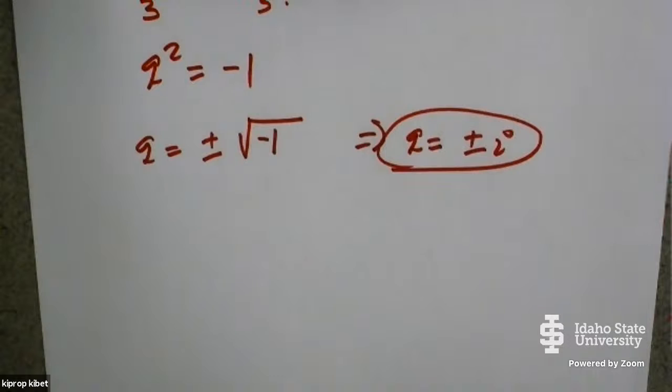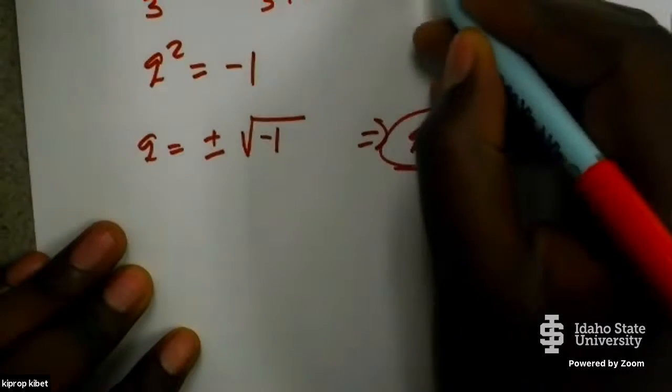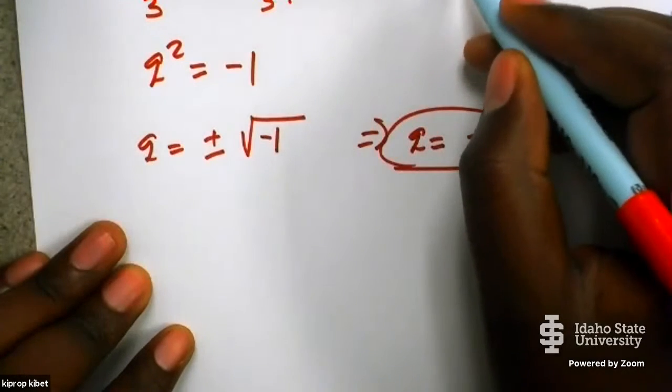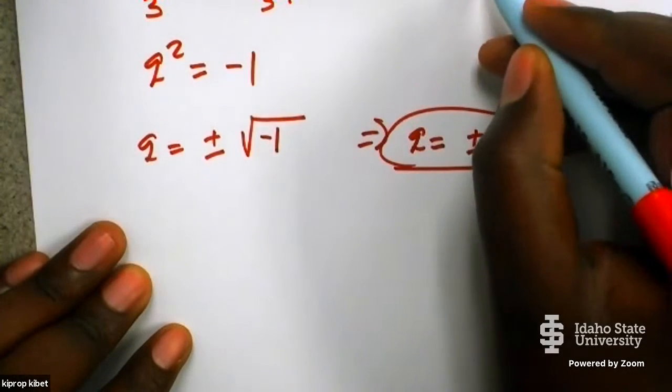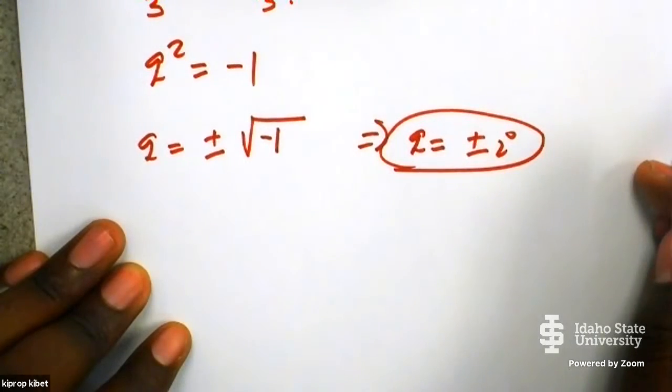How can i be positive? It can be positive. Because I thought i was the square root of negative 1. So we know that i is equal to the square root of negative 1. Okay?